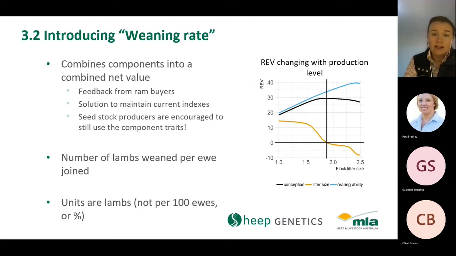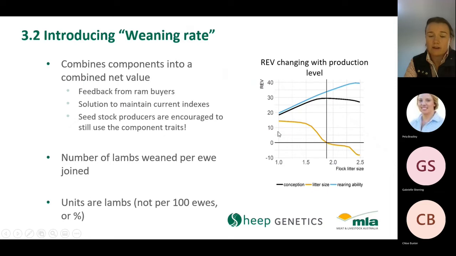The way that this trait has been derived is that we take into account the economic value, or the importance, of the component traits at different litter sizes. If you have a look at the figure on the right of the screen, what you can see is that at different flock litter sizes, on the horizontal axis, the value or the trends that we see in each of our component traits changes.